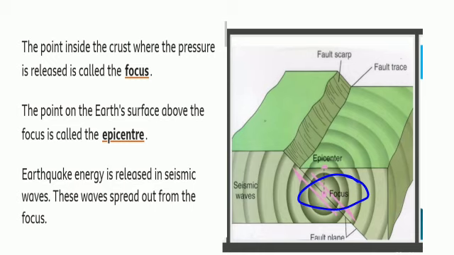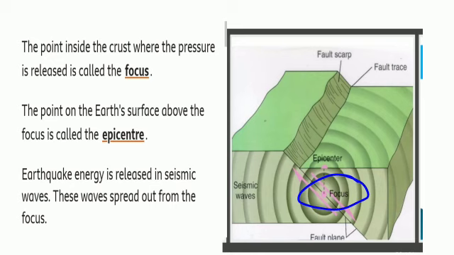Directly above that focus on the crust we have epicenter, and from this focus, some waves move towards earth's surface, that is seismic waves. This is the energy basically that moves towards earth crust, originating from focus. So this is how this earthquake works.